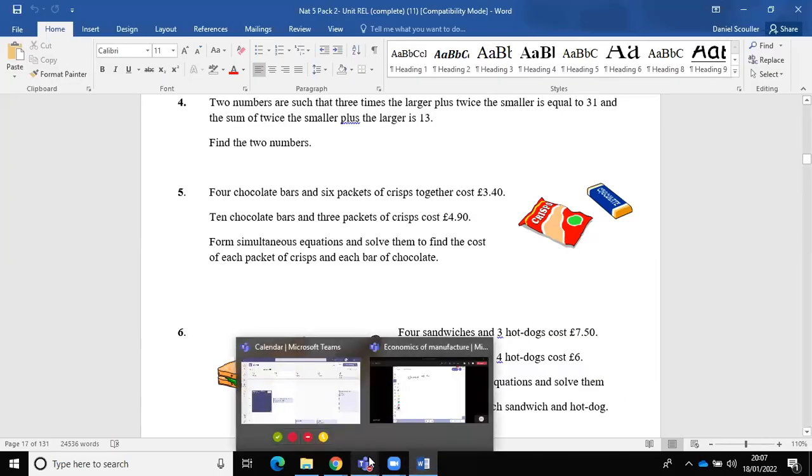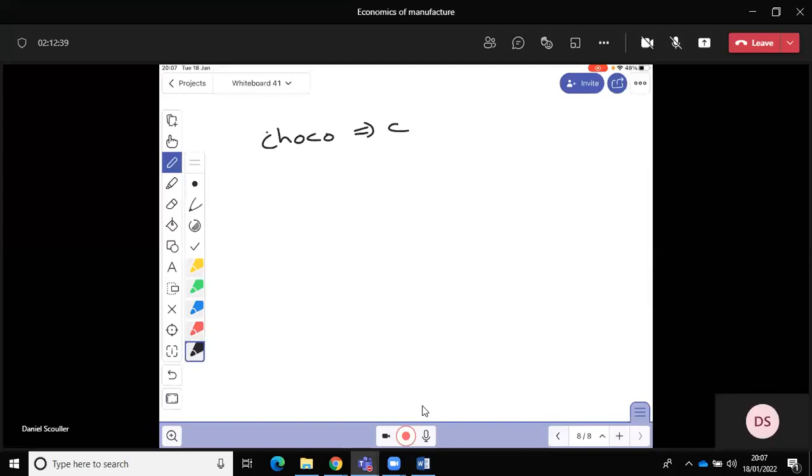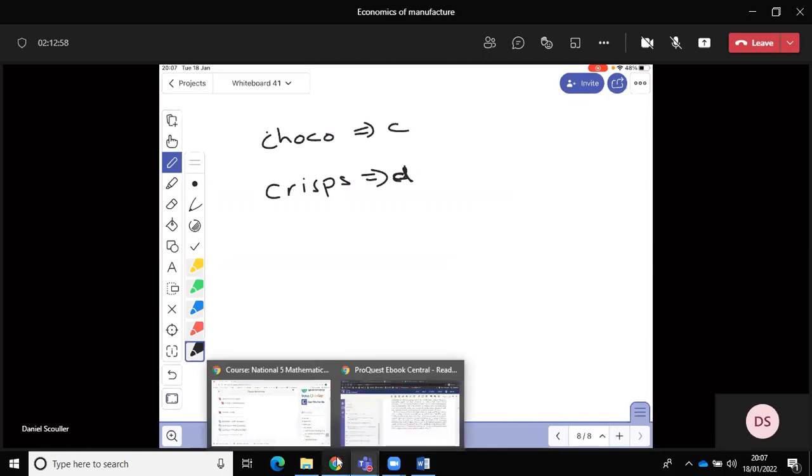Packets of crisps also starts with C, so I'll assign the letter D to crisps, just to simplify it so we don't need to write everything out. If you see the letter C, we're talking about chocolate. If you see the letter D, we're talking about crisps.